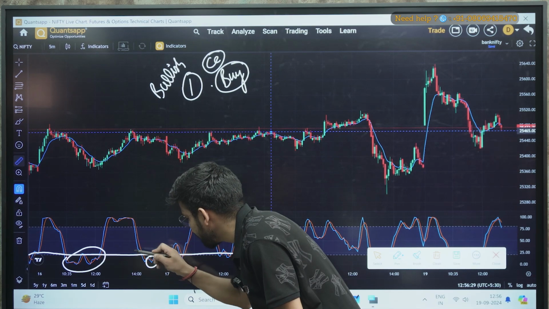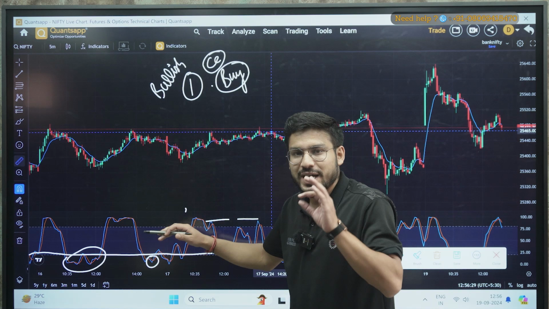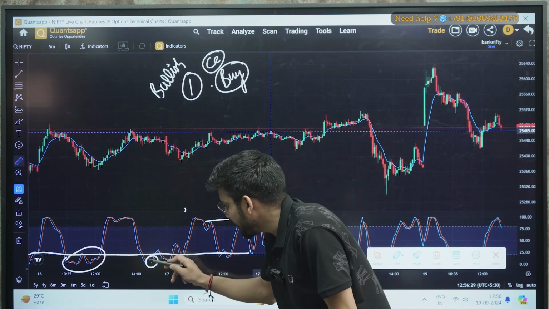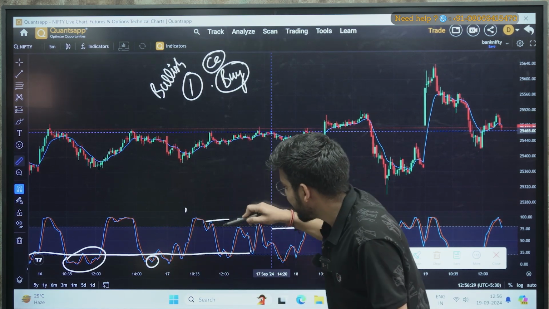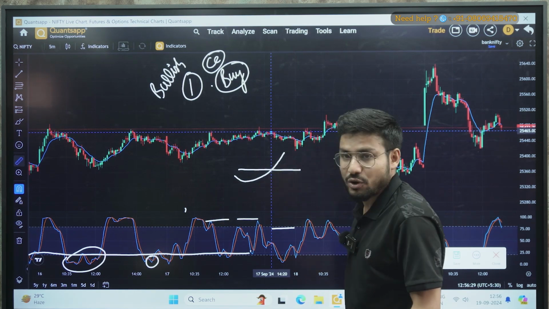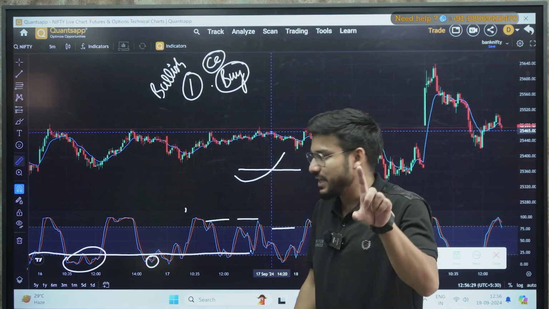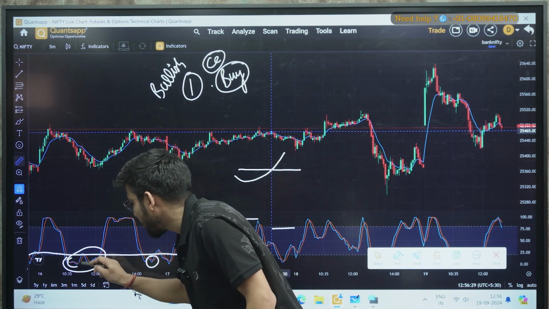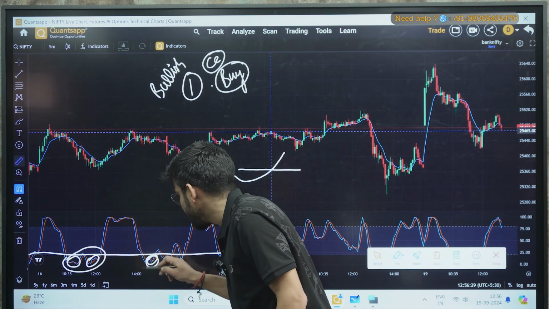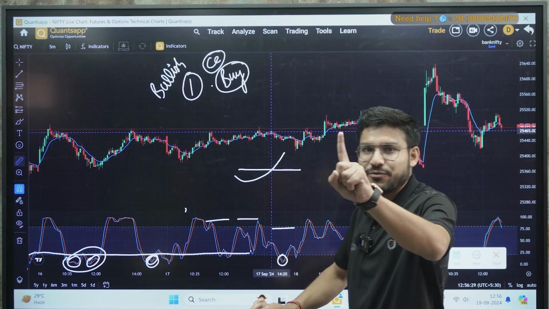It is below the 20 level, it means the market is oversold, and in the oversold region, my blue line is crossing above. For example, this is the orange line, so your blue line should be crossing this, like crossing like this. It should be crossing it in the upward direction. So that is my first indication. For example, here I got the indication here also, and similarly here also I got that indication. So that is my first condition.